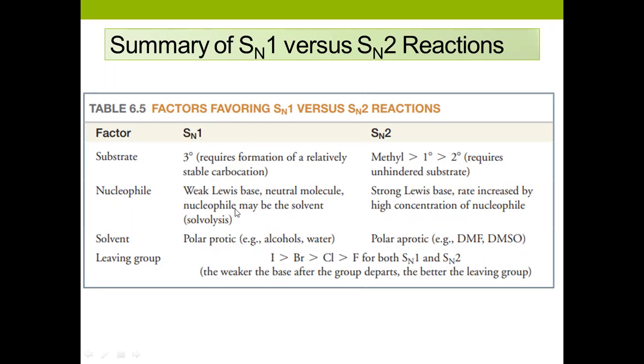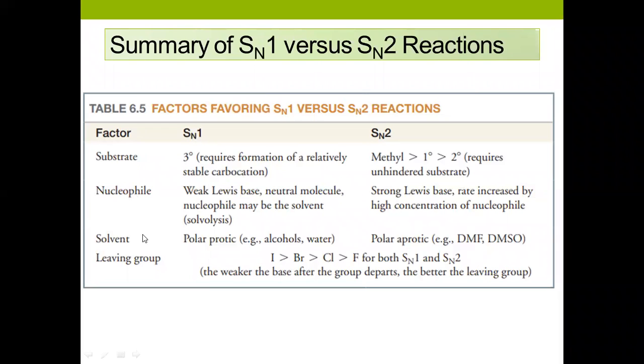An SN1 reaction will favor a weak Lewis base, a neutral molecule, or even a solvent. Usually, if we use a solvent, we have a process called solvolysis. For SN2, again, you will have a strong Lewis base, usually a charged Lewis base.